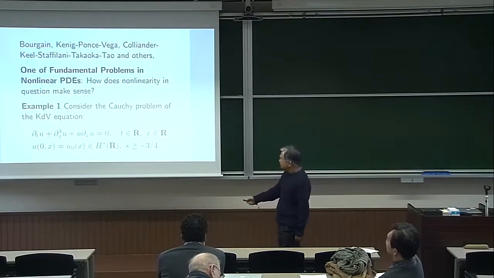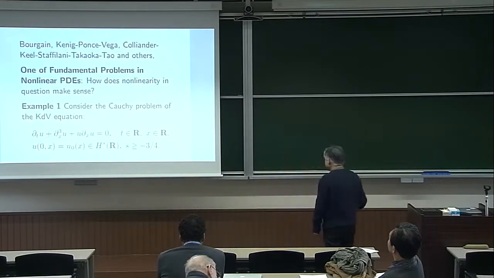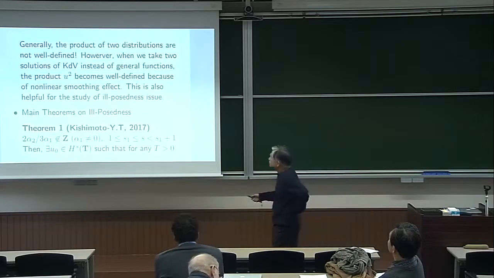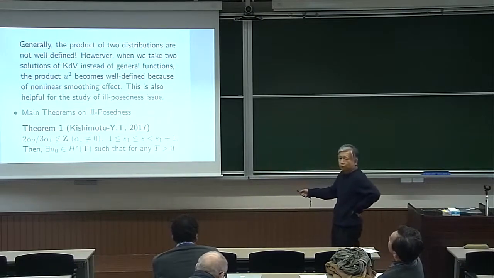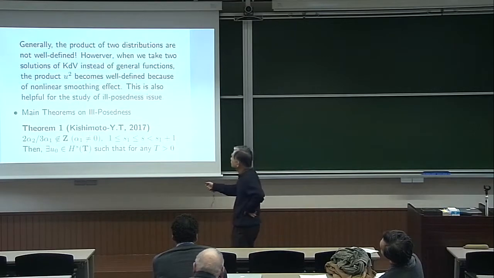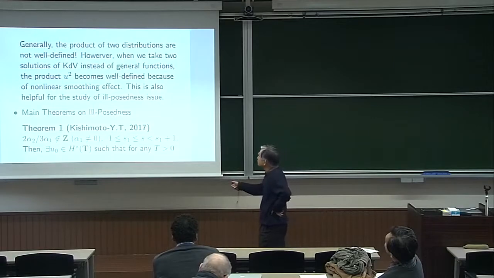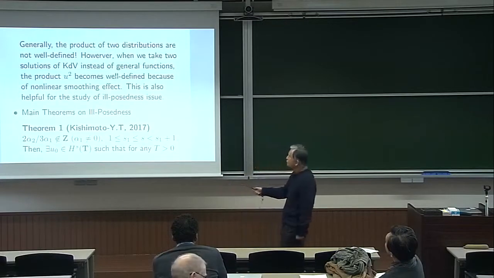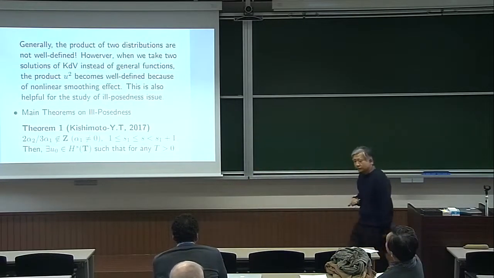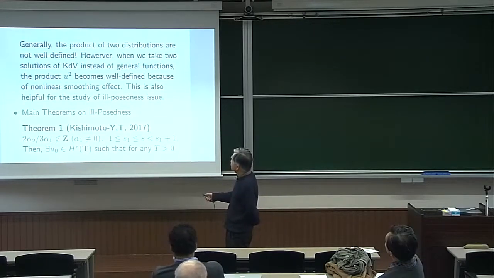That means this initial data is not a function but a distribution. It is well known that, generally, the product of two distributions is not well defined. However, when we take solutions of the KdV equation, instead of general functions, the product u squared becomes well defined because of a nonlinear smoothing effect. This is also helpful for the study of the ill-posedness issue.